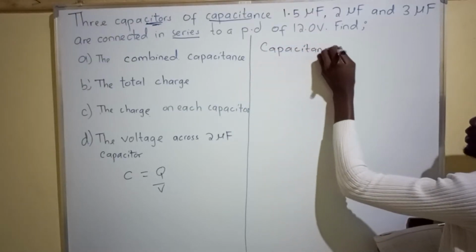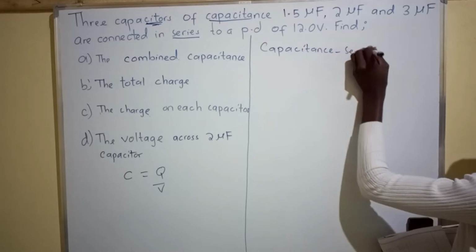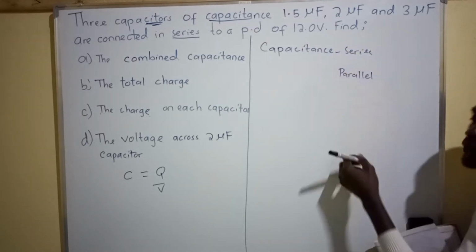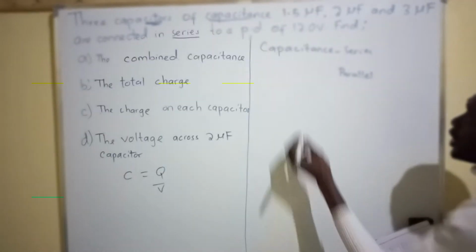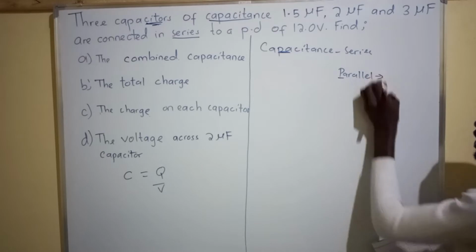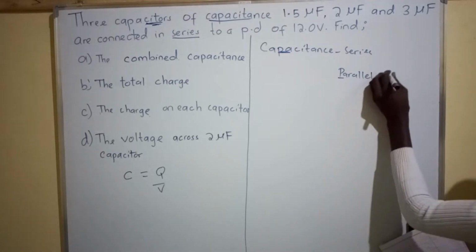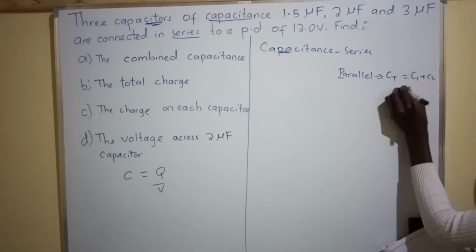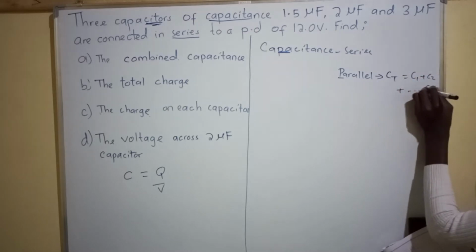Capacitance can either be connected in series or in parallel. So when you connect capacitors in parallel, it is the linear one: the effective capacitance CT is equal to C1 plus C2 plus up to the last one.